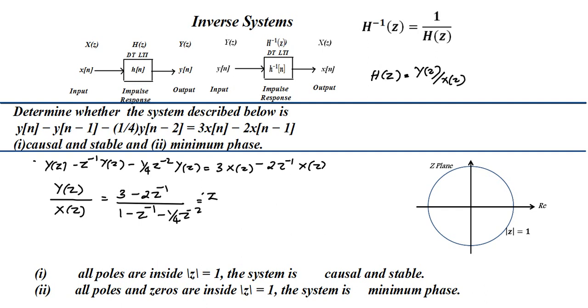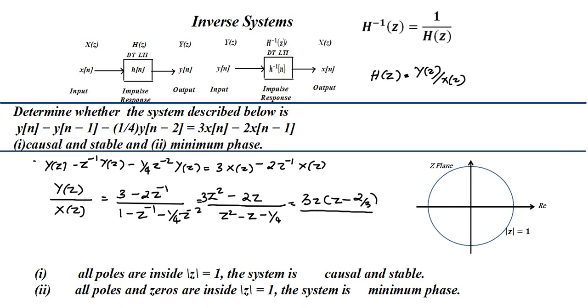So we can write (3z² − 2z) divided by (z² − z − 1/4). Now we need to factorize this. If we take 3z as common, it becomes 3z times (z − 2/3).